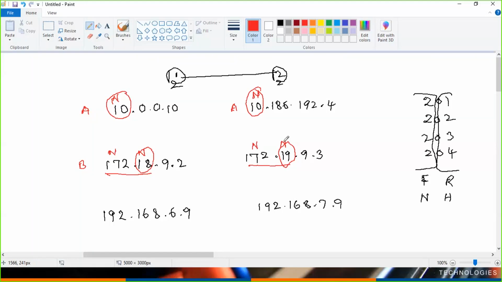In the second case, are device 1 and device 2 in the same network or a different network? Different networks. The network portion is different, right? Here, in Class B, 2 octets are the network portion, so both octets should be the same. Here the first octet is 172, 172, okay. But the second octet is 18 and 19. Same or different? Different network. So they won't communicate actually.